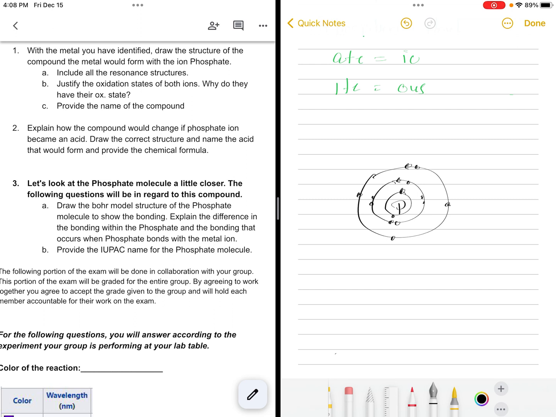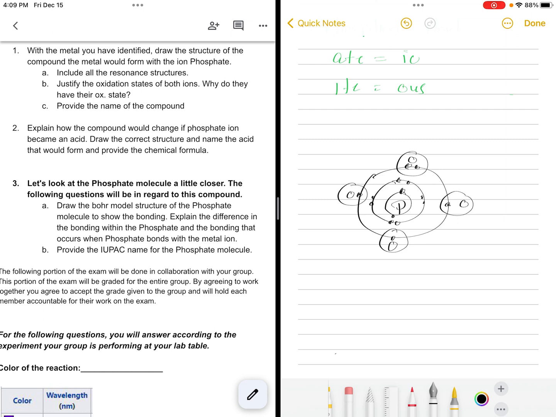Okay. All right. Now, phosphate in this case is being bonded to oxygen. So oxygen is going to be here. Here, I'm kind of drawing these really bad. Here. And here.